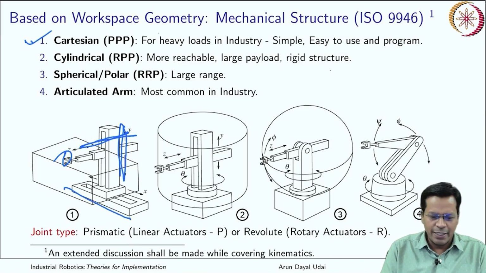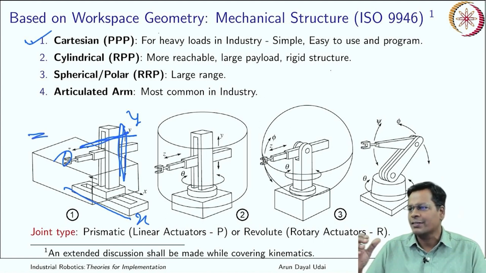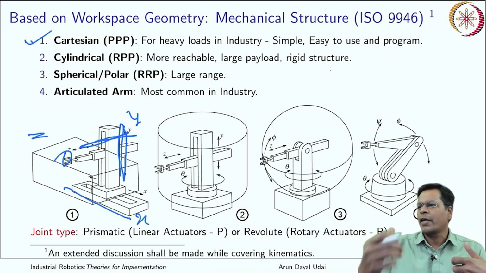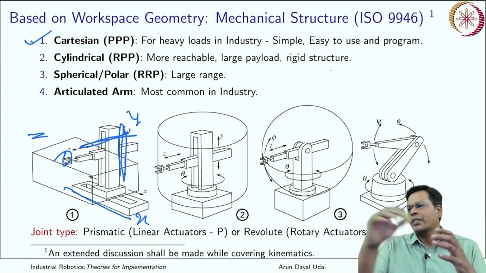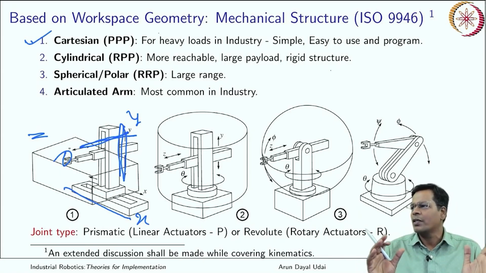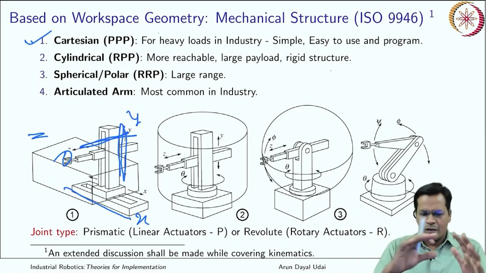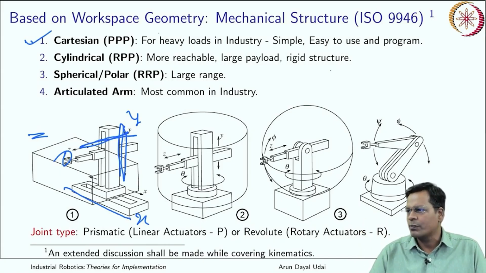Essentially it has an x-axis, a y-axis, and it can also move along the z-axis. So along all 3 axes this arm can go. Effectively it can go anywhere in space which is covered by a rectangular volume.